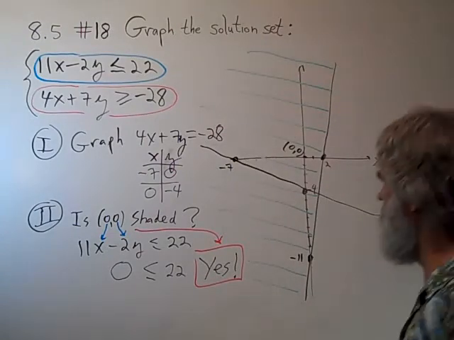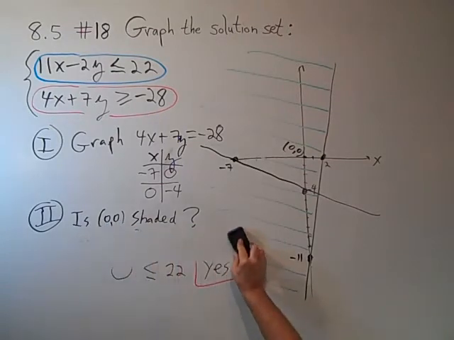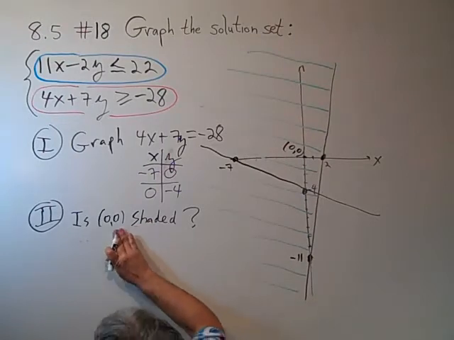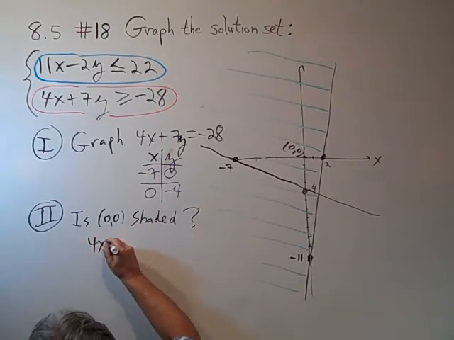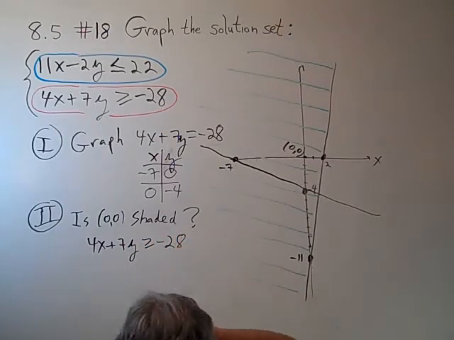And once again, we can ask our favorite question of the origin. Is the origin shaded here? Now we use the inequality 4x plus 7y is greater than or equal to negative 28 to answer the shading question.